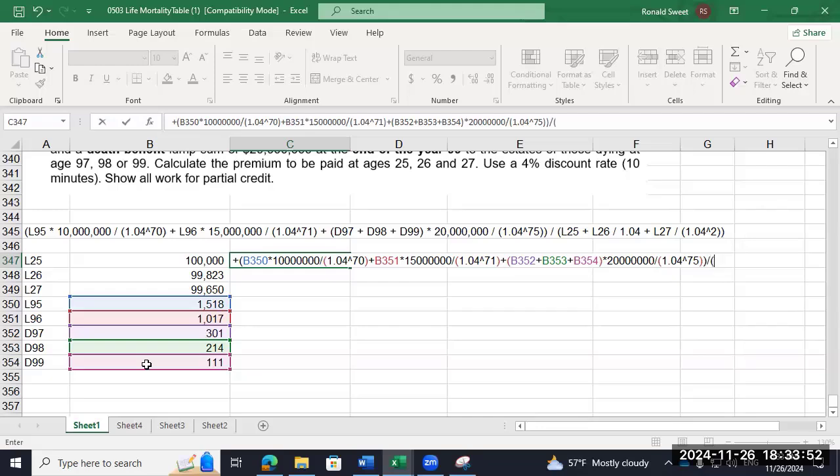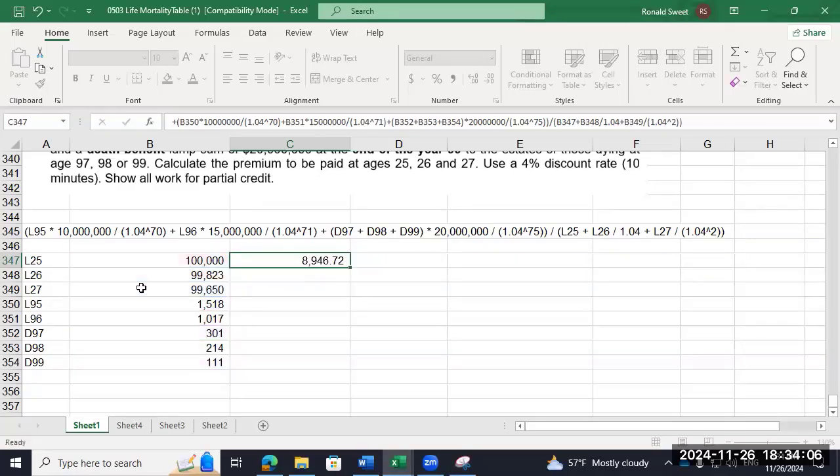All of that divided by L25 plus L26 divided by 1.04 plus L27 divided by 1.04 to the second. It's our premium.